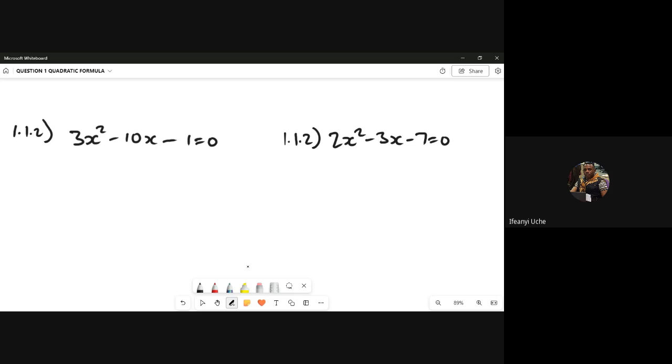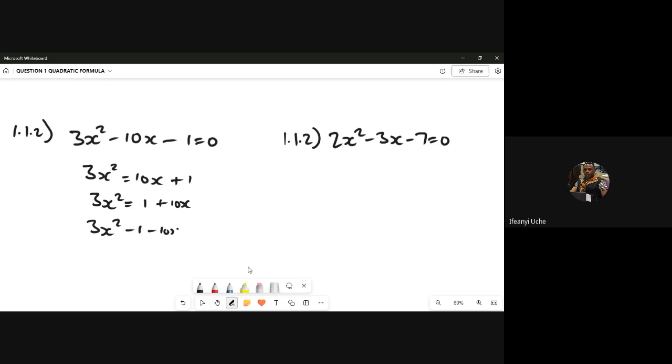Please note this question can be in this form. They might give it to us in this form. What you have to do is to make it a standard form. They might also give it to us in this form. I remember some learners will make it a standard form, but in a wrong way.